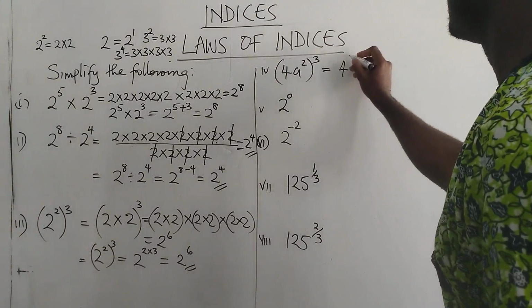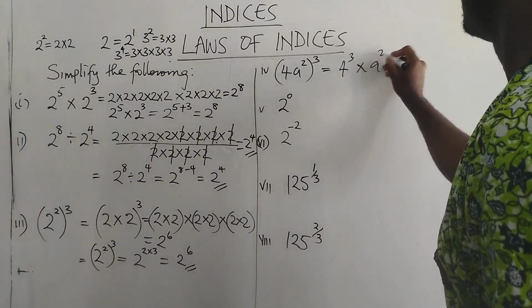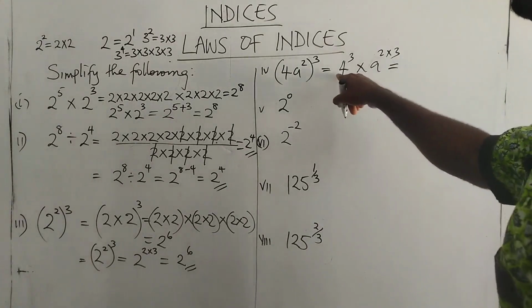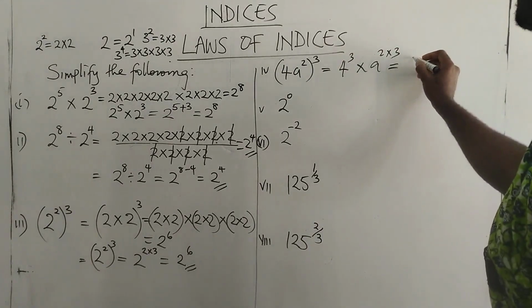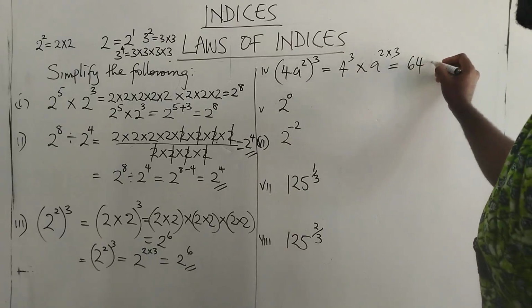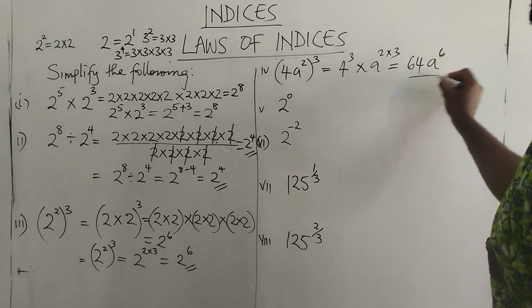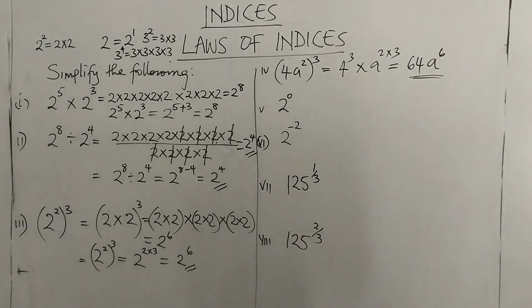So is this, that's what it means. And the next line will be 4 raised to power 3 is 64 times a raised to power 2 times 3 will give you 6. So this gives the answer.